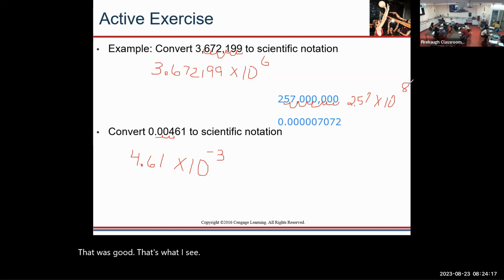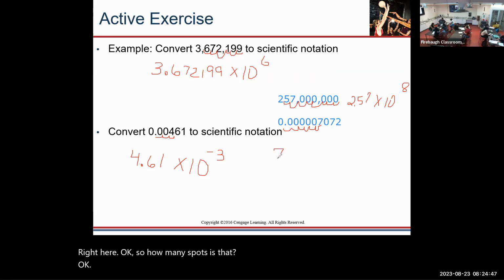And then for the one below it, what am I gonna do? Start at the decimal. Seven and 2, 7 and 0. Right here. Okay, so how many spots is that?